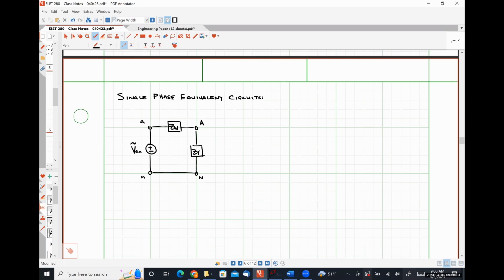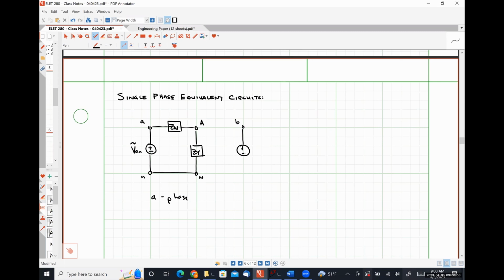So it does not matter what the impedance of the neutral conductor is. In our single phase equivalent circuit, we are just going to short the neutral on the source side to the neutral on the load side. So this is our A phase equivalent circuit.